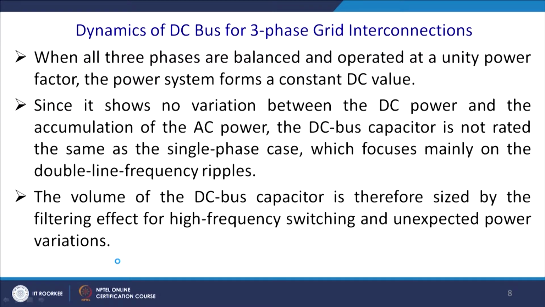Now the dynamics of the DC bus for the 3 phase grid interconnections, we can see another few interesting aspects. For the 3 phase, there will be a few things more. When all the 3 phases are balanced, hopefully, and operate at unity power factor, the power system forms a constant DC value. So, that is one of the important features.